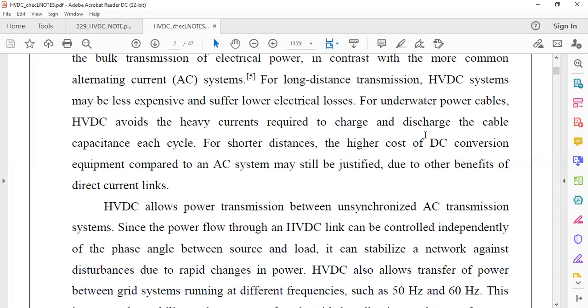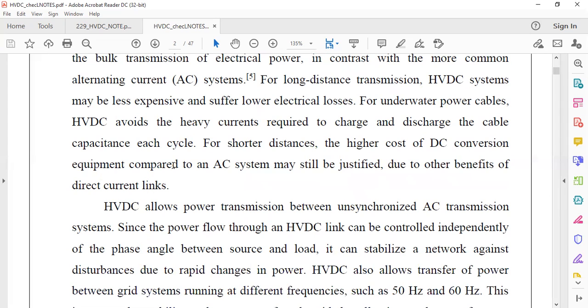For shorter distances, the higher cost of DC conversion equipment compared to an AC system may still be justified due to other benefits of DC links. As I said, for shorter distances the cost of DC conversion equipment is higher, because all power stations generate AC only.